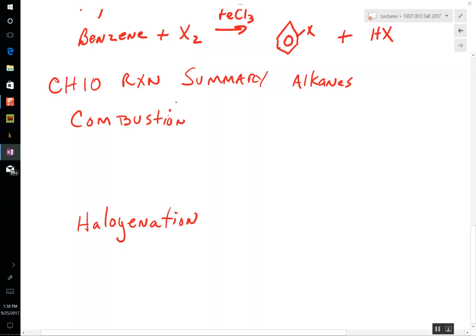And complete combustion is an alkane plus what? Oxygen yields what? And, all right, that's complete combustion.